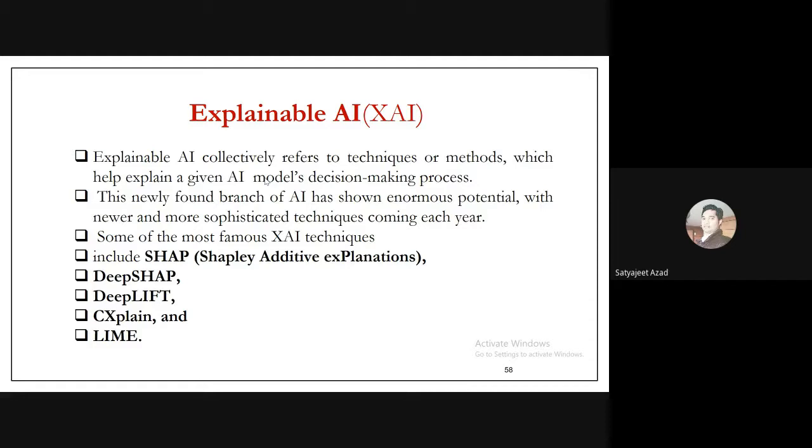You will find different explainable AI research papers. Some of the famous ones, we call it XAI, that is explainable AI. There are different methods, or you can say frameworks. One is SHAP, that is Shapley Additive Explanations. Another one is DeepSHAP. You can Google it and find some papers. Then DeepLIFT, CXPlain, and LIME.